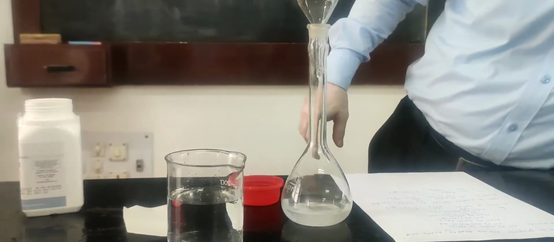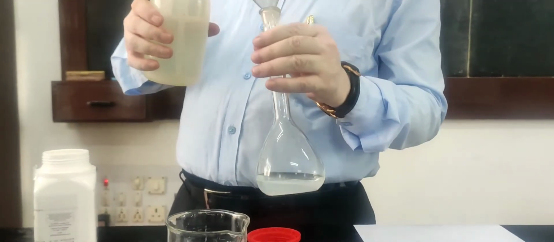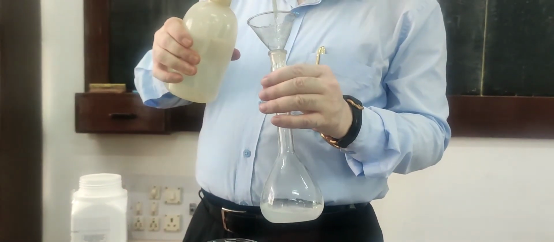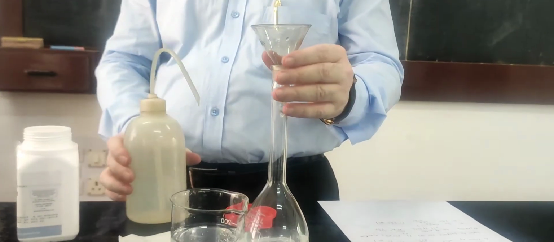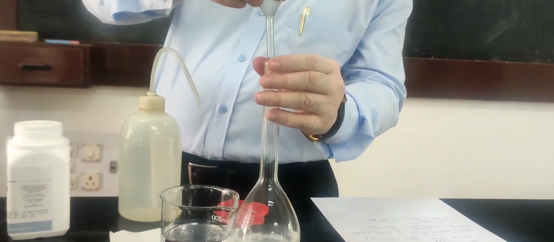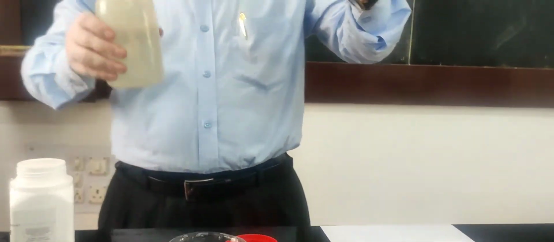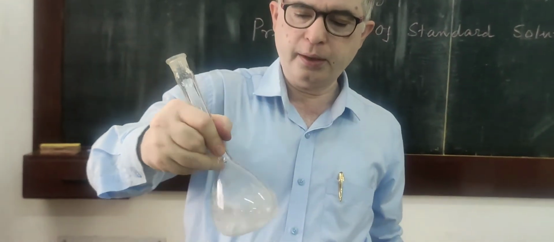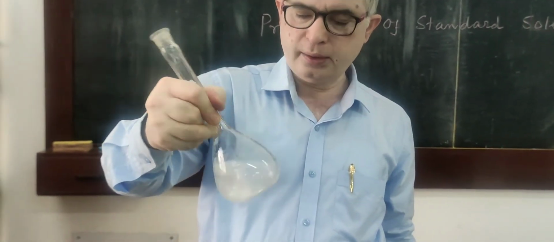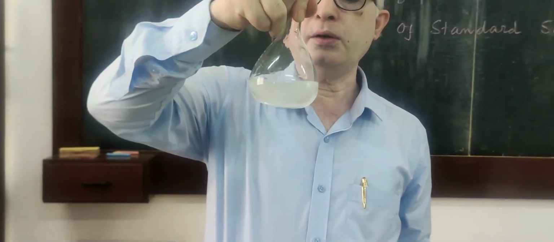Not even a single particle of sodium carbonate should stick, because if one or two particles are still sticking in this funnel, then it will give a wrong value. So you dissolve it completely. It is readily soluble. So you see that it is dissolved.